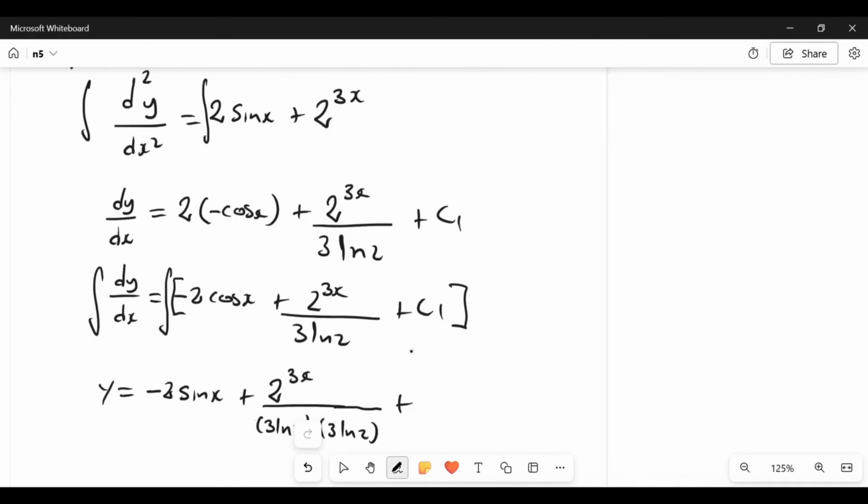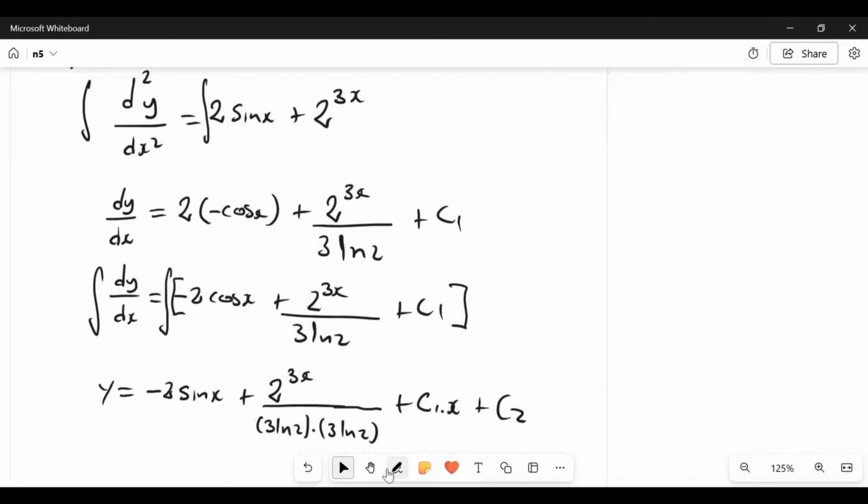Plus, now this C1 is actually a constant. Remember, when you integrate a constant, we just multiply by the variable we are integrating with respect to. In this case, x is that variable. So this is going to be C1 multiplied by x plus C2, because we also have to include C2, the constant for the second integration.